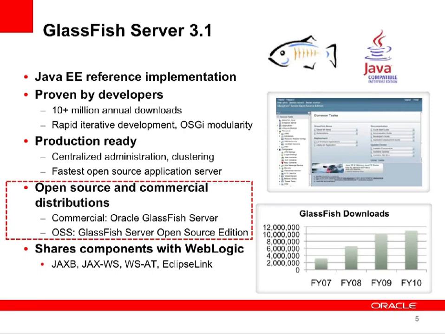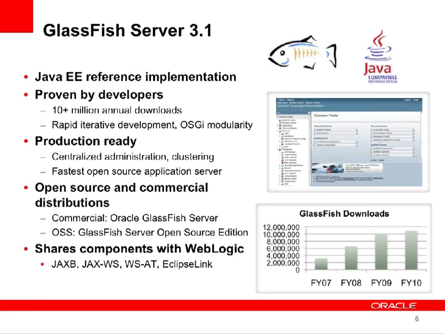There's also a third, the Java EE SDK, which is a developer bundle that includes some tutorials as well as some additional documentation. Throughout this presentation I'll make sure you understand which features are available in open source and which are available only with Oracle GlassFish Server. Some features are only available in the commercial distribution, but the core features such as clustering and centralized administration are available in the open source distributions.